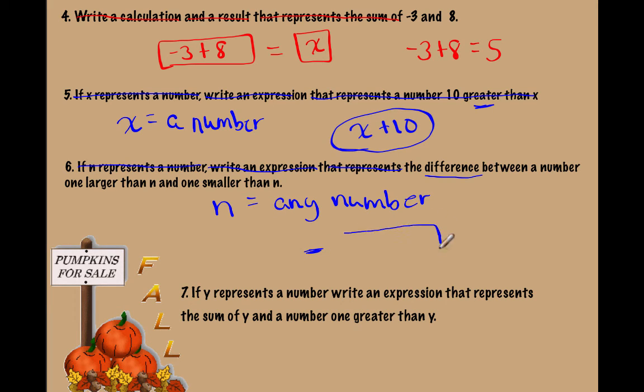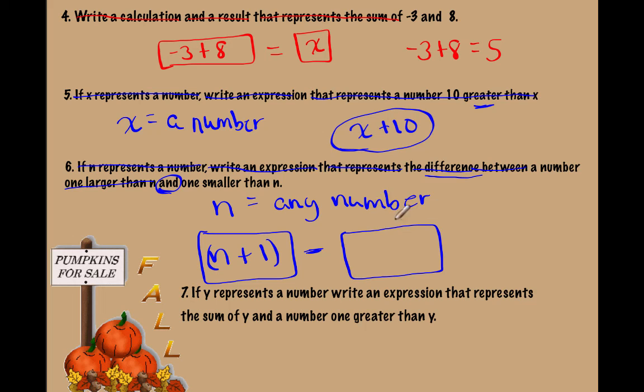So I am subtracting two things. Something here, and then obviously something in the front. So what am I subtracting? A number 1 larger than n. Well, here's my n, and if I want to be 1 larger than it, I'm going to do +1. I'm going to put it in parentheses because it's a binomial.